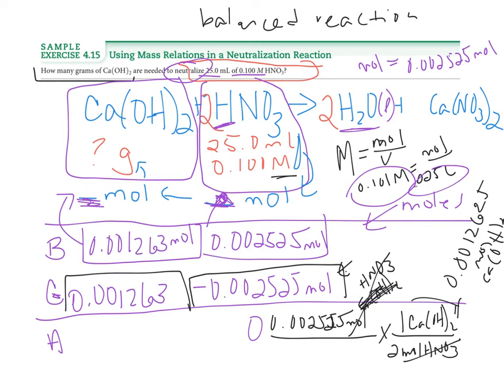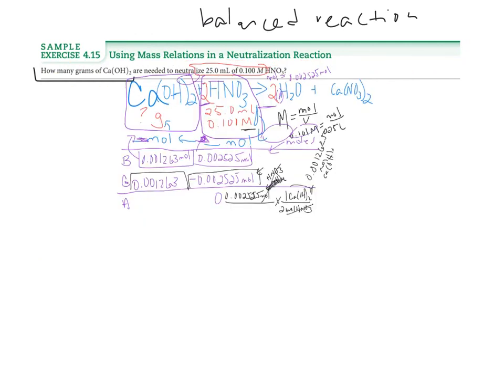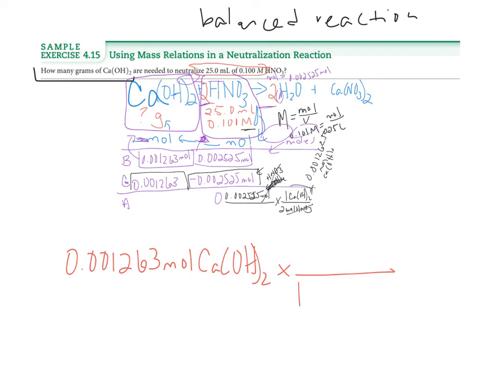Well, if we can convert these moles to grams, we'll have our answer, because that's what it asks. How many grams do you have to start with? So let's make ourselves some more room. And I'm going to take my number of moles of calcium hydroxide that I need, 0.001263 moles of Ca(OH)2, and multiply it by the molar mass. This is the train track method. For every 1 mole of calcium hydroxide that I have, I need to find the molar mass of calcium hydroxide.